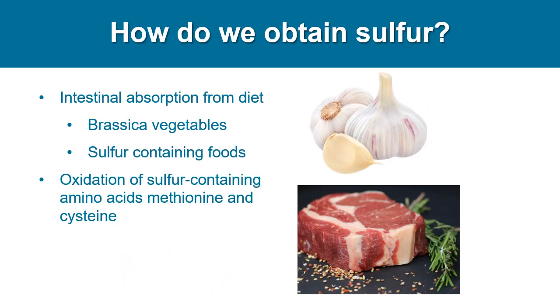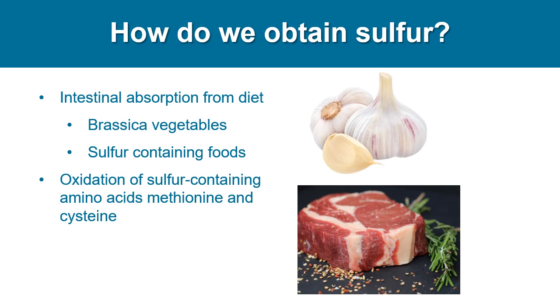So how do we obtain sulfur from our diet? Well, intestinal absorption is first. Food always first. So those of you listening who have specific dietary needs, you have to hear this, because I do still stand by the fact that as humans we are omnivores. We need fruits and vegetables in our diet.